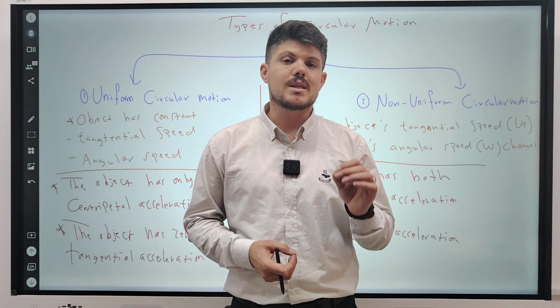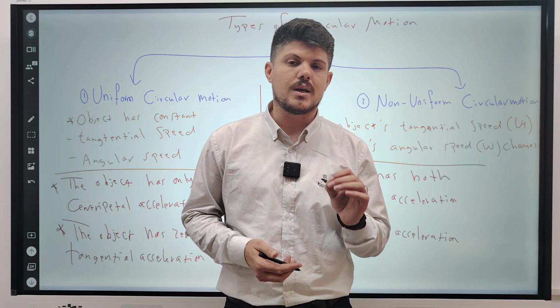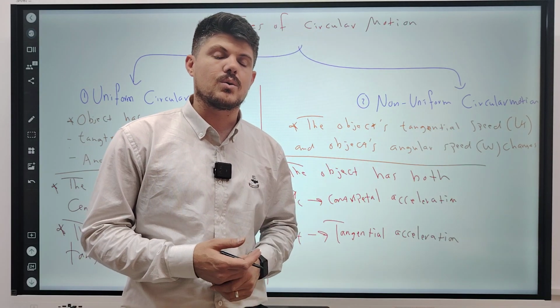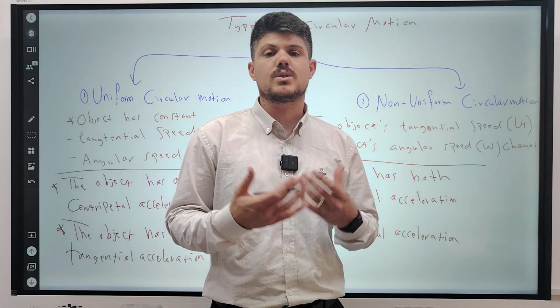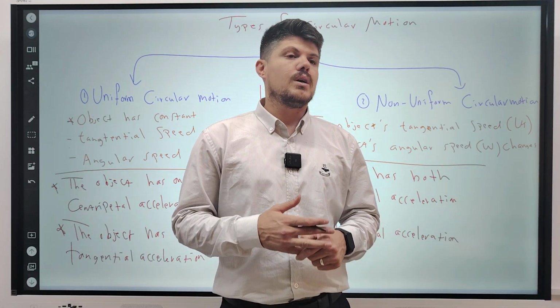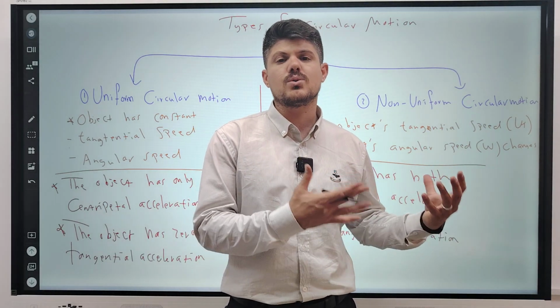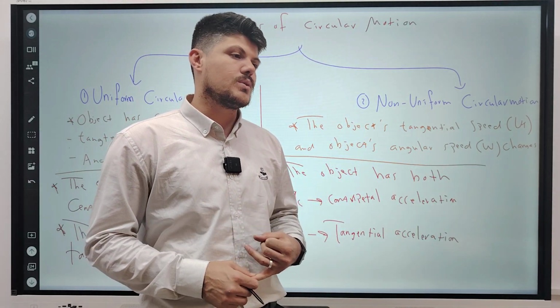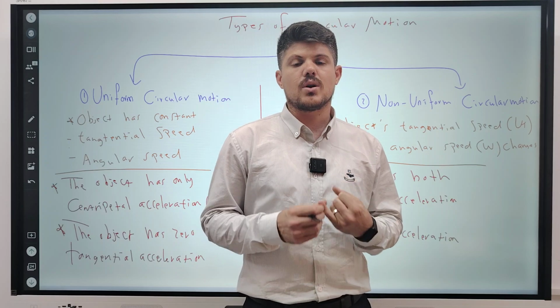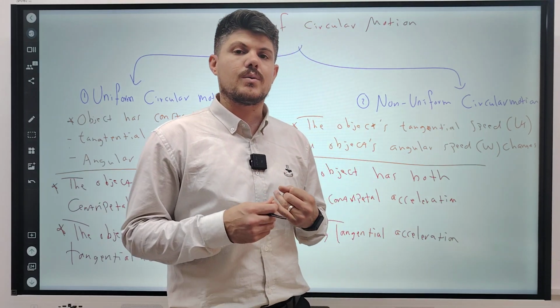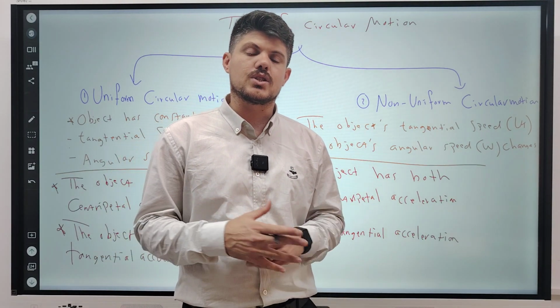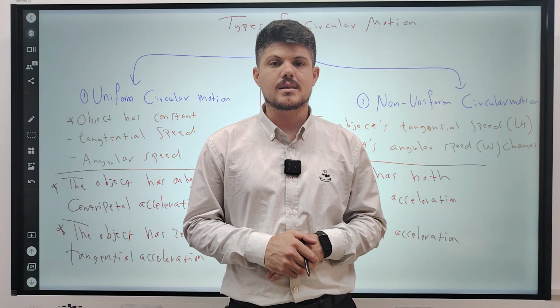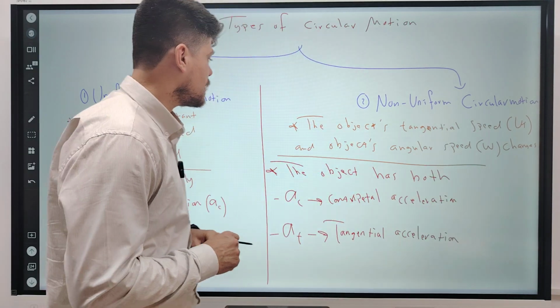Why? Because the angular speed of the Earth is constant. So it means that the tangential speed also is constant. So in that case, we can conclude that the Earth orbiting around the Sun has no tangential acceleration, but has centripetal acceleration.